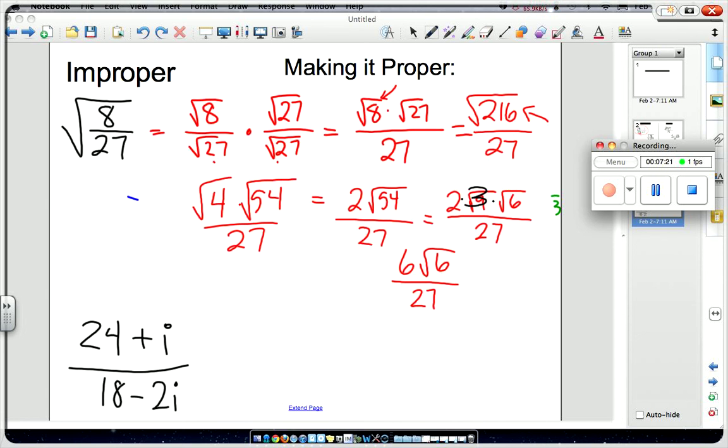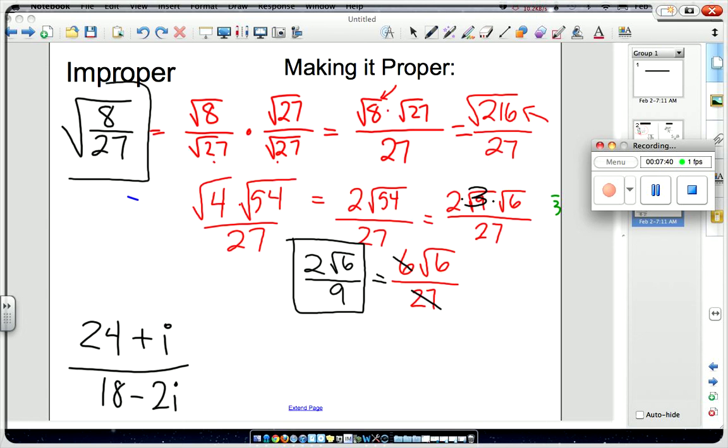One last simplification. The 6 and the 27 have a common 3 I can factor out. So I'm dividing top and bottom by 3, and I'm getting 2 square roots of 6 over 9. This is the fully simplified version of the product of this fraction right here. It became proper at this point. It became simplified completely here.